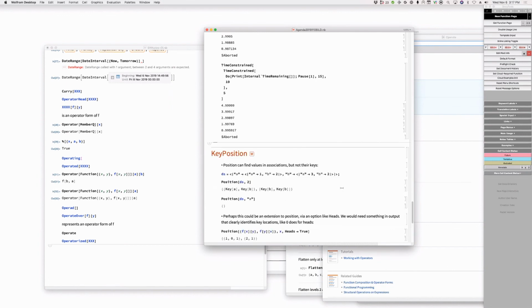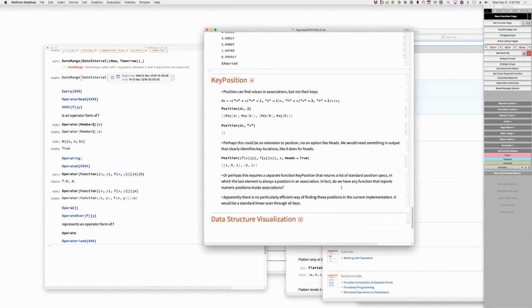Key position. Yes, this is just a suggestion coming from Chris' work on dataset. The question is whether we need a function to find the position of a key in an association. You mean the actual position, like the 1, 2, 3, 4 position? Exactly, the numeric position. Or the index, effectively.